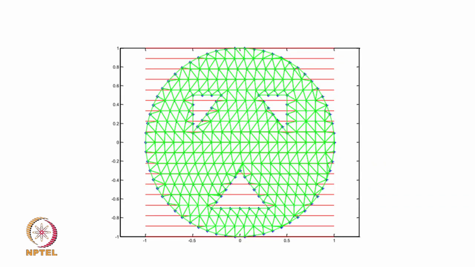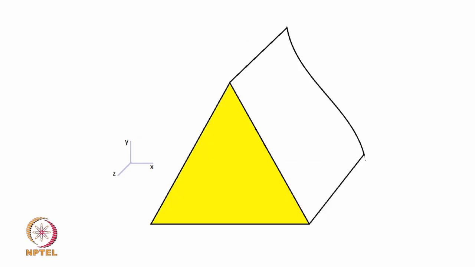So let us go back to our triangle. This is our triangle, and the yellow face is what we are going to look at. It is a 2-dimensional domain, and we would like to know the velocity at any point within this. That is in theory, but in CFD we do not give it at any point, we give it only at select points.